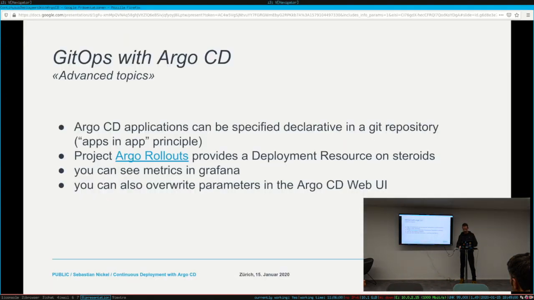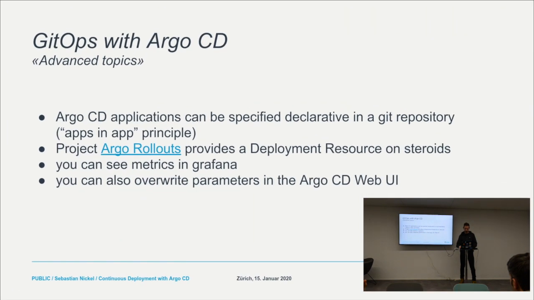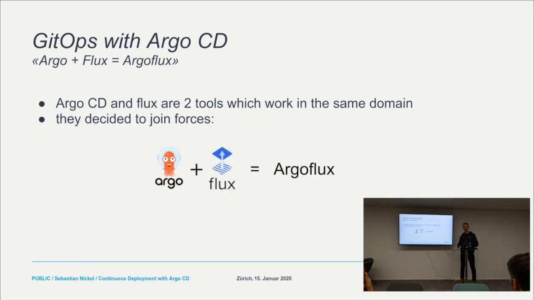And you can also override parameters in the Argo CD web UI. I already mentioned that. And yes, Argo CD and Flux, the most prominent tools, actually joined forces. Weaveworks announced that there will be Argo Flux.